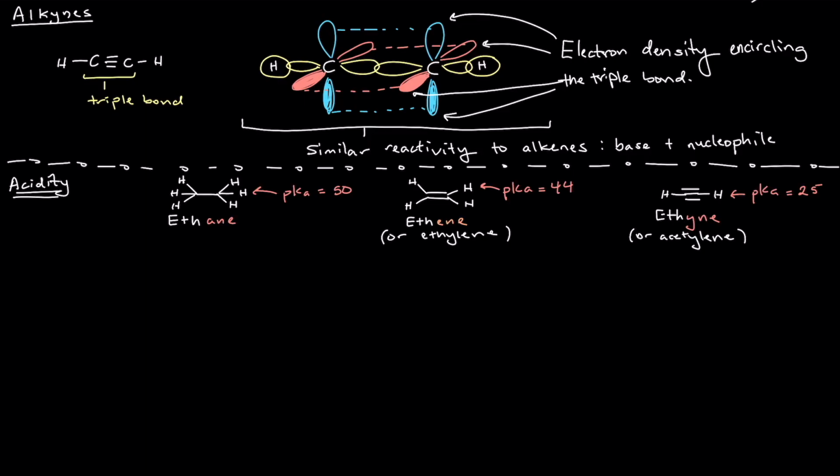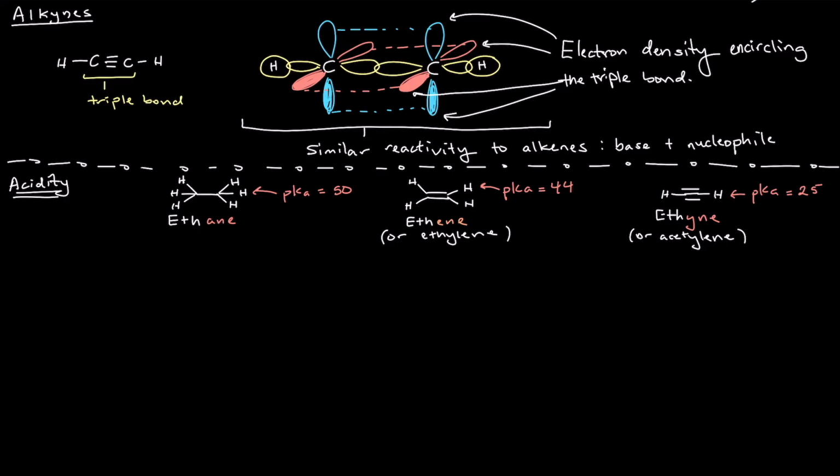Recall from your acid-base chapter that ethane has a pKa of 50, ethene or ethylene has a pKa of 44, and then your triple bonded CH ethyne or acetylene in this particular case has a pKa of 25.